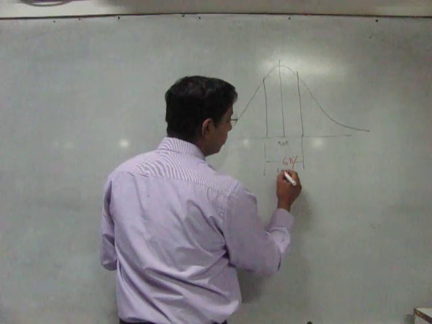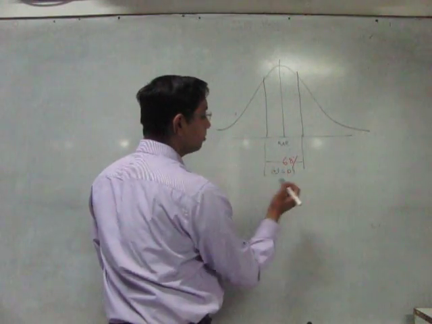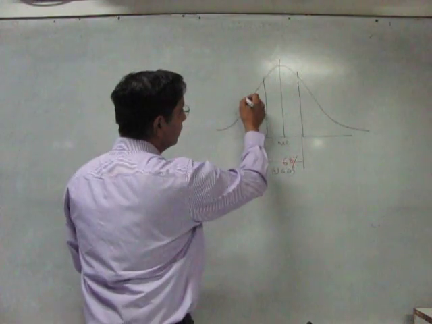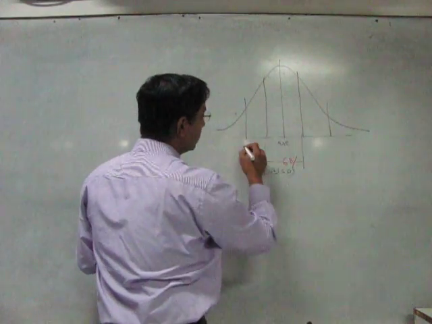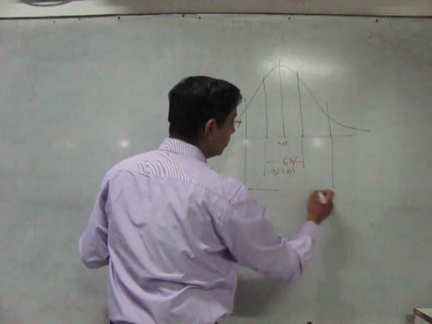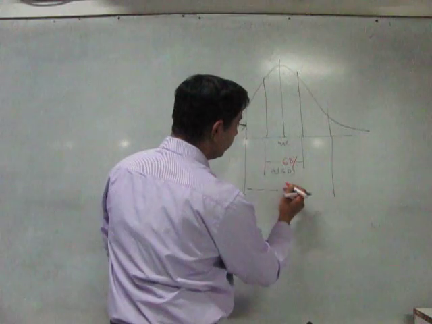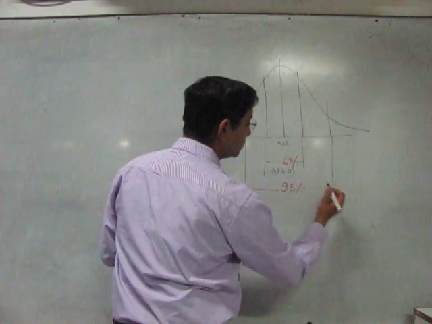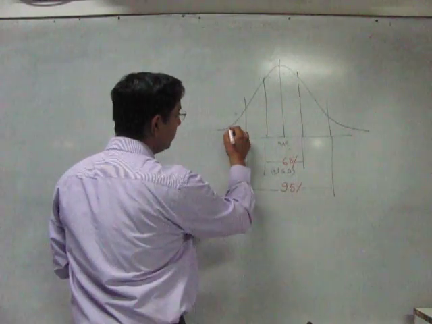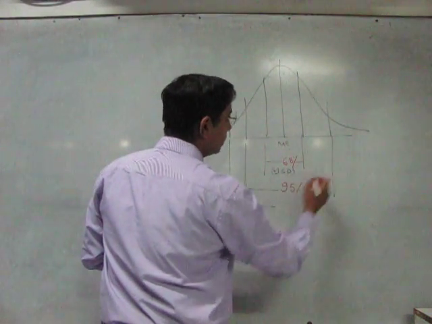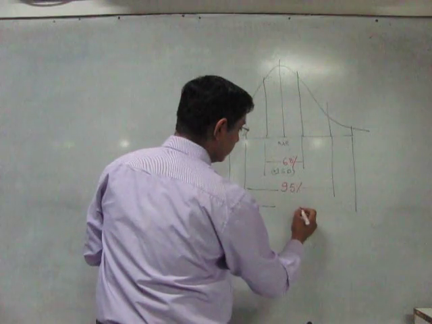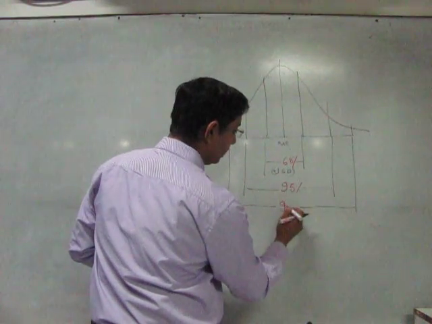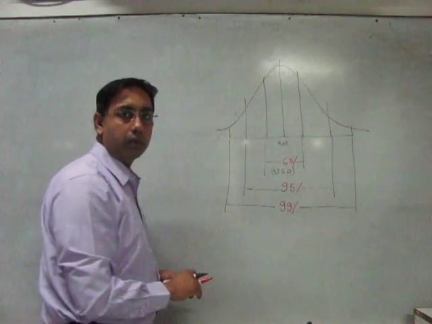It is in 1 SD, plus minus 1 SD. In 2 SD, this is equal to 95% of the population, and in 3 SD, this is equal to 99% of the population.